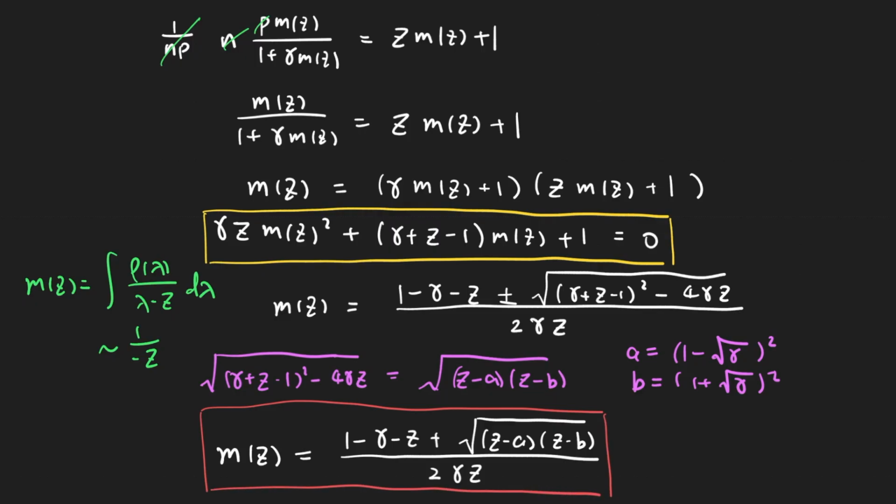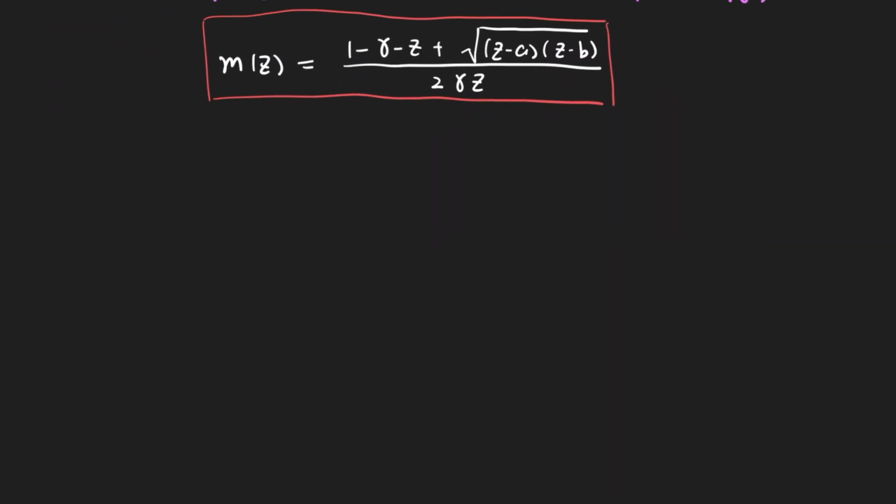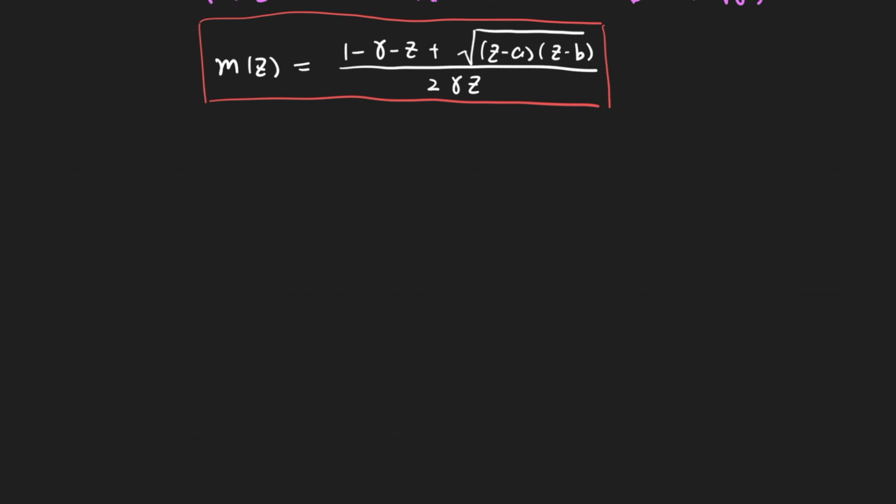Okay, so now we just need one last step, right? That step is to apply the inversion formula, from which we can get the density function. Remember that here we have a complex function, which means z equals u plus iv, and we care about the case where v goes to 0.